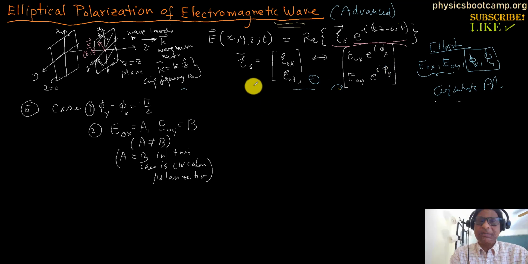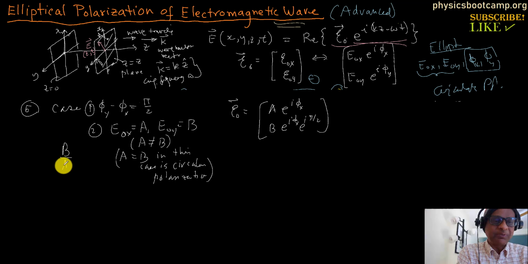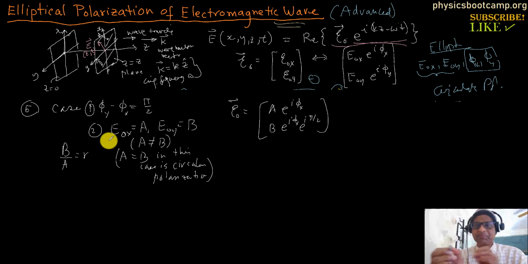Okay, so in this case, let's look at this vector, the E0 vector. The complex vector is, I have A here and e to the power i phi x, and I have a B here, e to the i phi x, e to the i pi over 2. And let's call B over A r, some relative size difference.